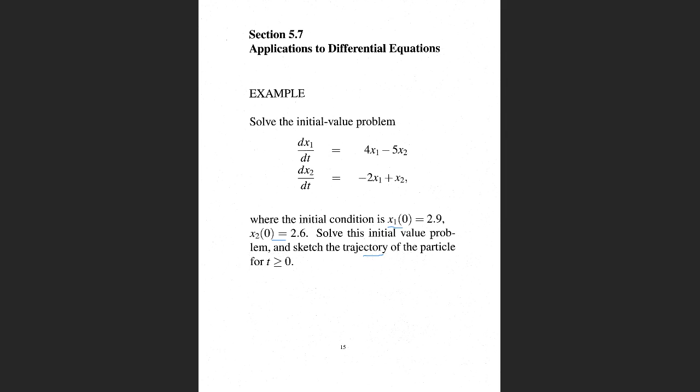Okay, so we have two differential equations, a linear system of two differential equations. We're given two initial conditions here.